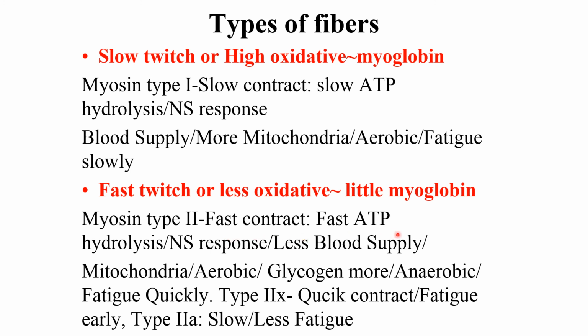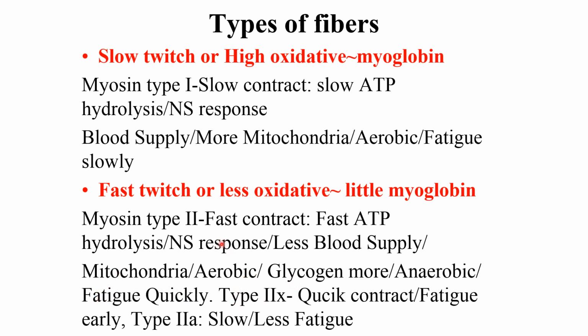They have less blood supply and a lesser number of mitochondria, and they are non-aerobic, and they have more glycogen stored in their cells, so they can utilize that glycogen for anaerobic activities. They fatigue quickly because they are only relying on anaerobic respiration. So when there is depletion of ATPs, they get fatigued.